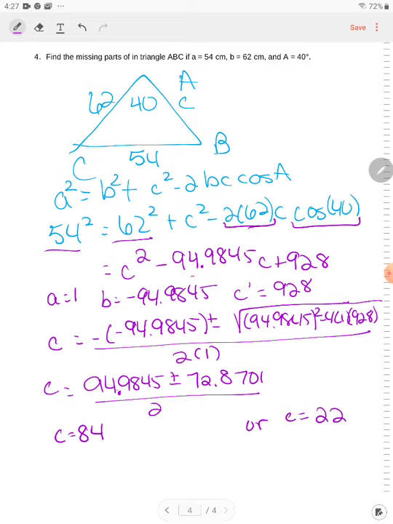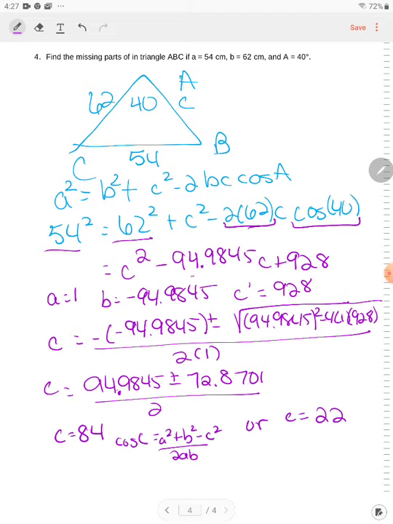Okay, so now we have to find angle C. Since we are using the law of cosines, to find our angle C, we will use the law of cosines. So cosine of C is equal to, if I solve for cosine of C, it's going to be A squared plus B squared minus C squared divided by 2AB.